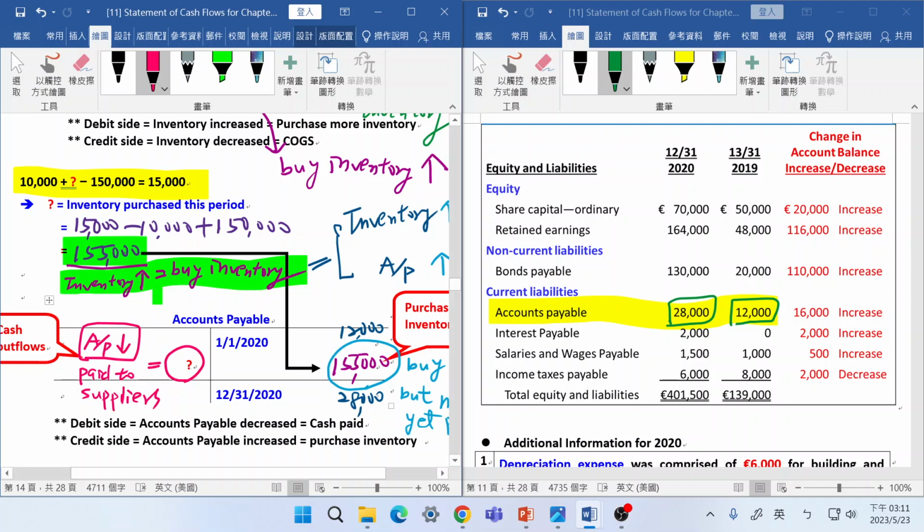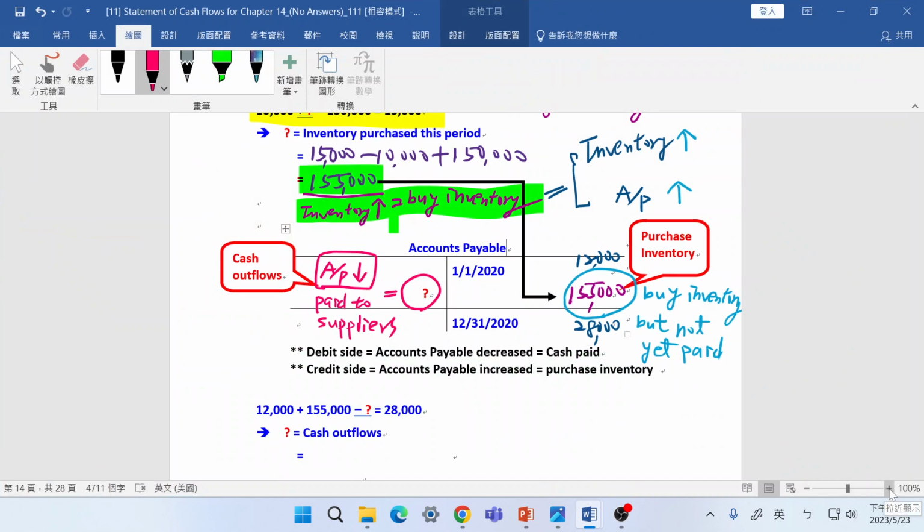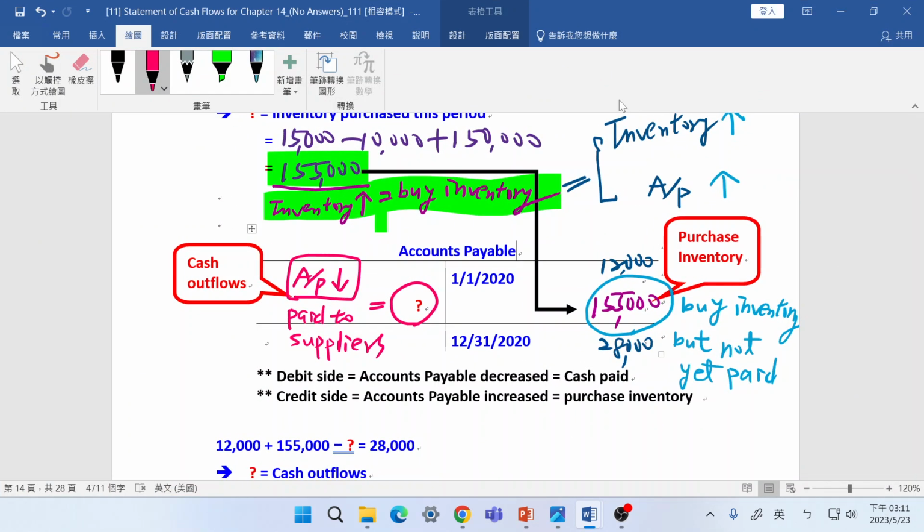So based on this, could you find out your cash outflow? Yes, right? Accounts payable decrease, cash decrease.